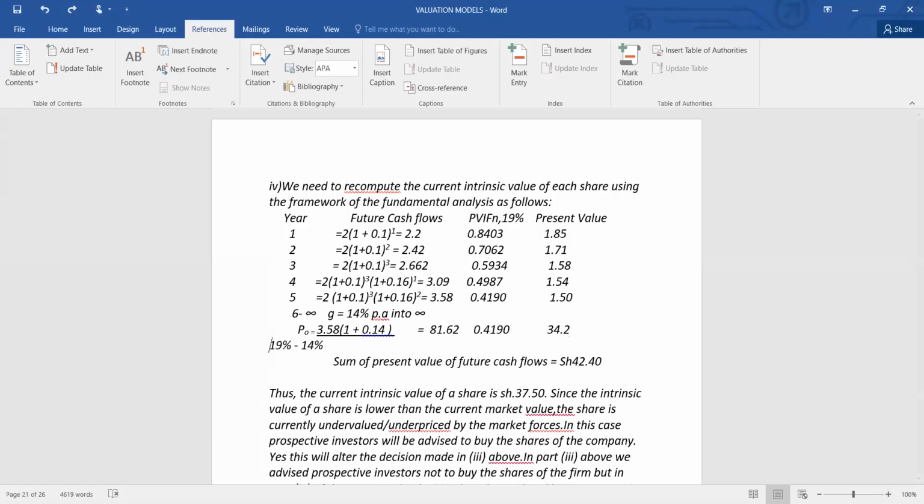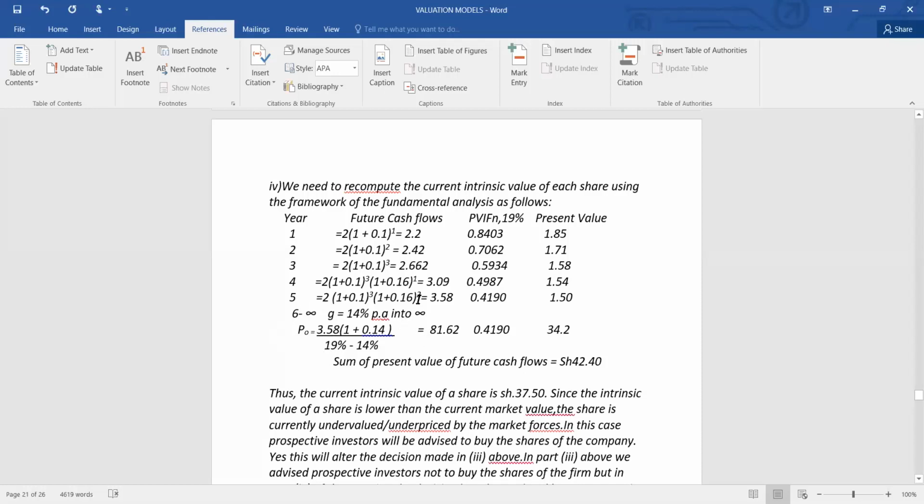So we value a share at the start of year 6 or end of year 5. In this case, we work out the value of a share at the beginning of year 6 or end of year 5. It's important that the P note you are establishing will be P note start of year 6 or end of year 5.